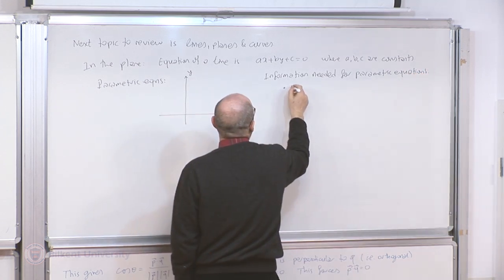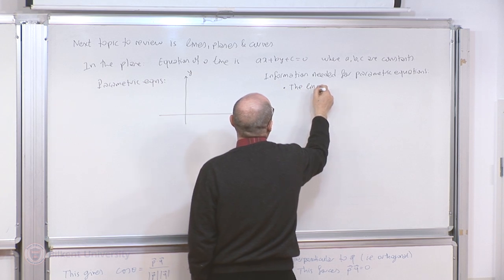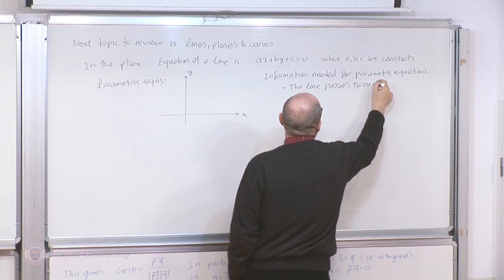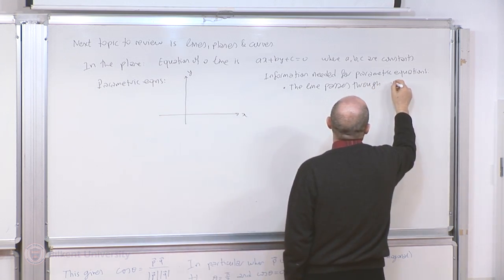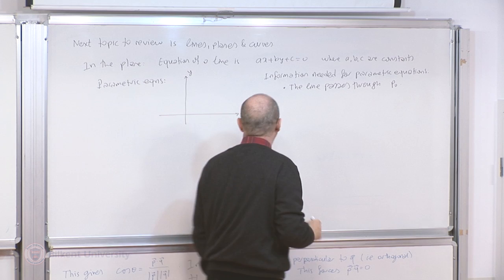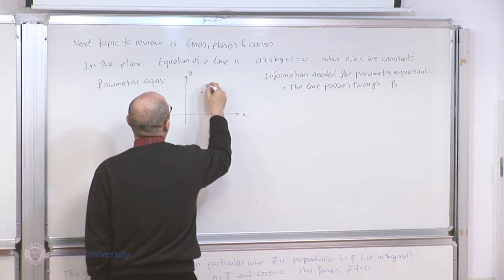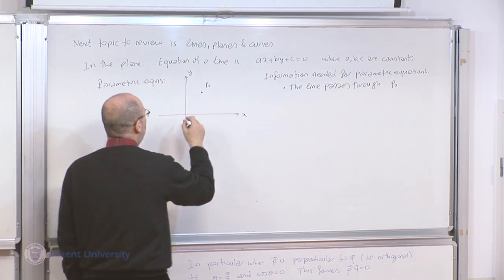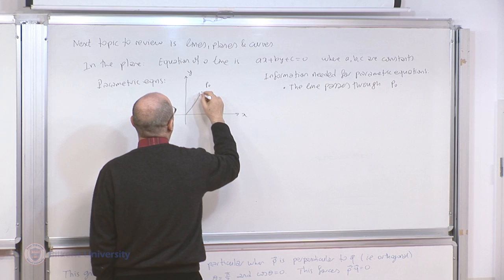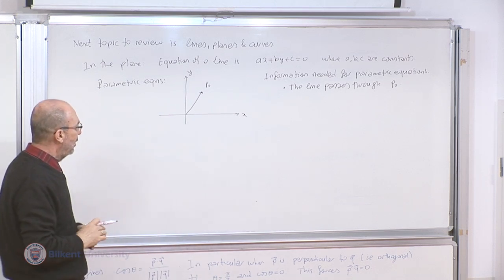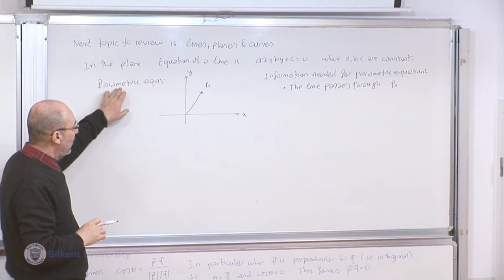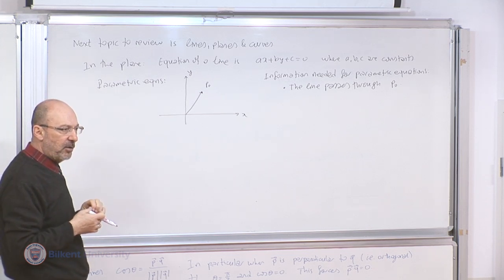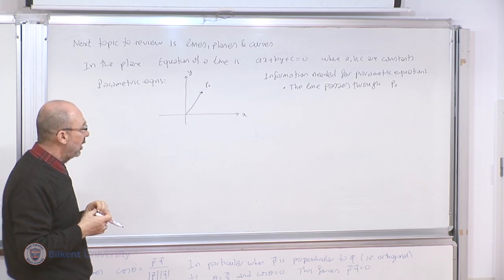First, the line passes through a given point, say through P sub 0, a point. Sometimes we see this as a point, sometimes we see it as a vector. Since we are in parametric equations, we will consider vectors. Now we look at this point and we see it as a vector.